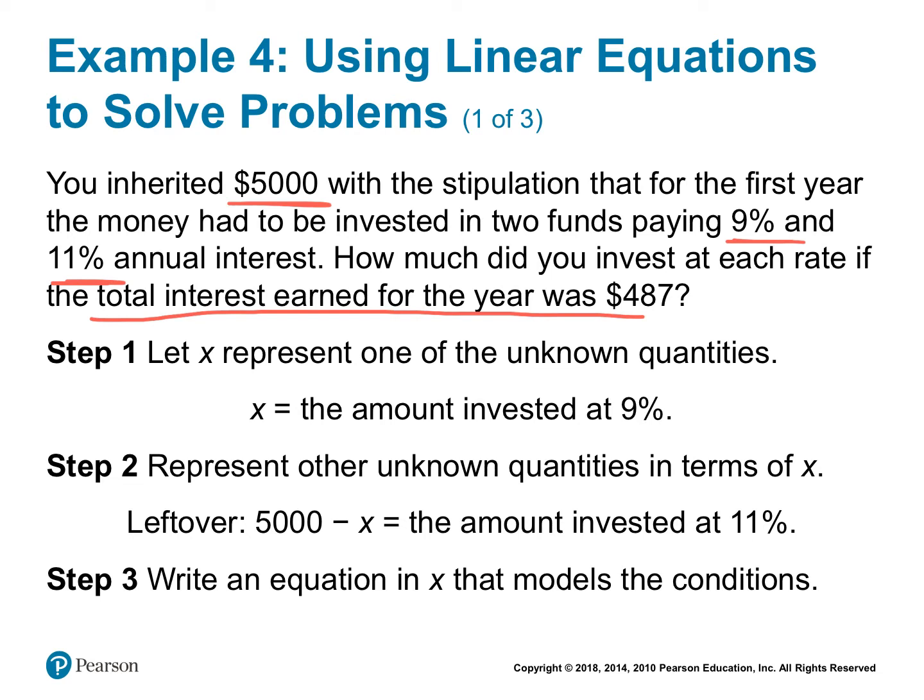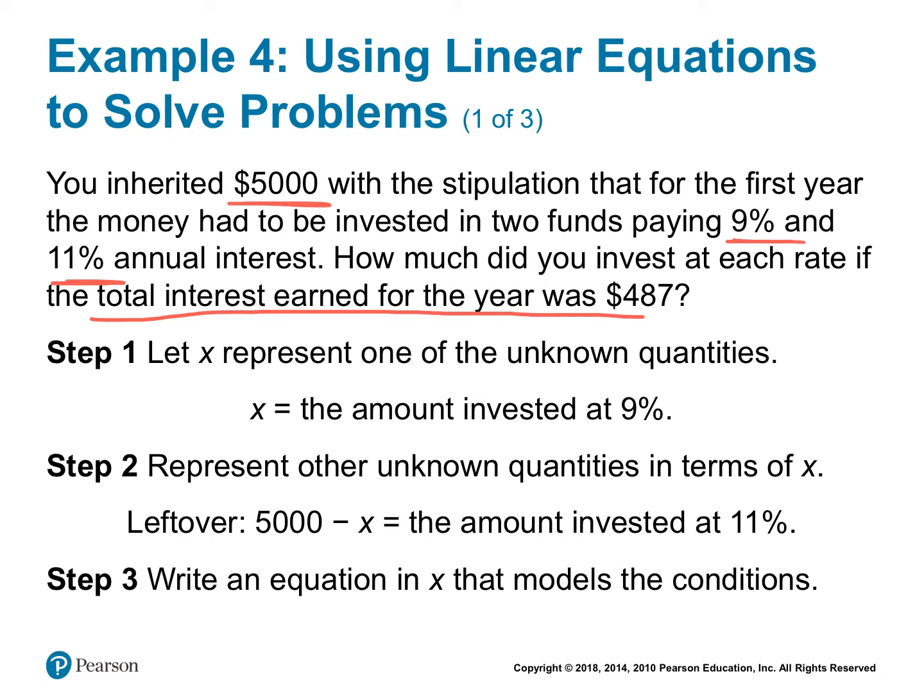Okay, so we're just going to let x represent one of the unknown quantities. So we're going to let the x represent the amount invested at 9%, and we're going to, in step 2, represent the other unknown quantity in terms of x. So remember, we inherited $5,000.